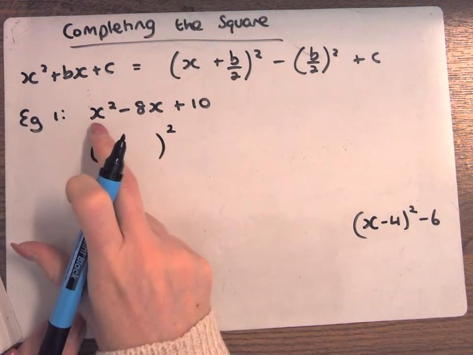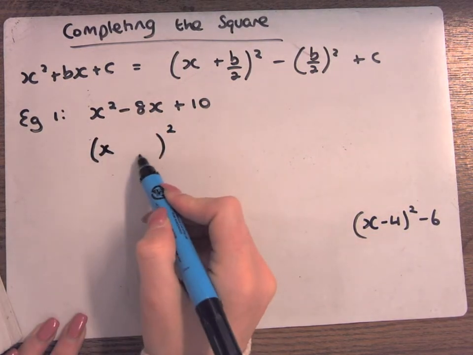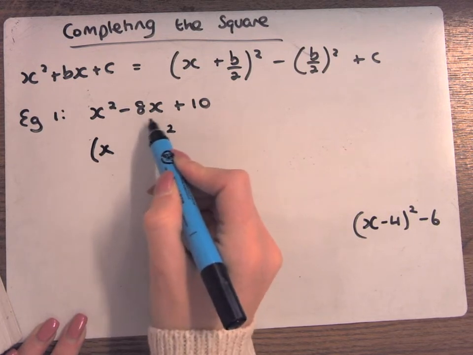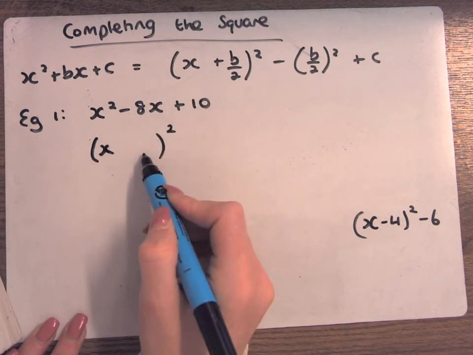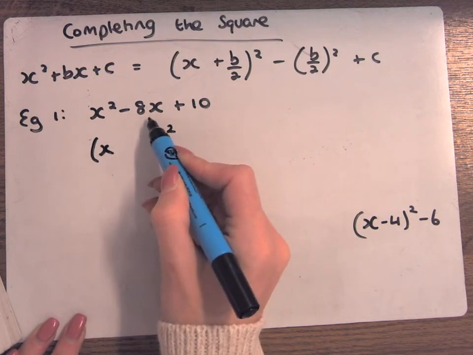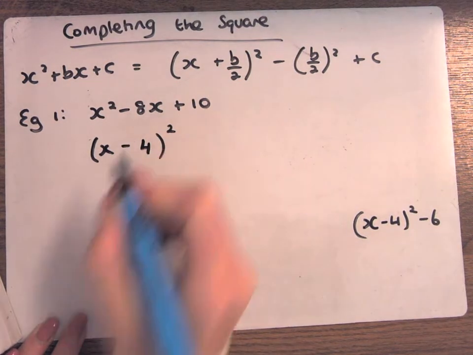Square root that. X. Now remember, the product of the two multiplied by 2 gives me this. So what's this going to be? Multiply these two and multiply it by 2 and you get this. So it's going to be 4, isn't it? And it's going to be a minus.